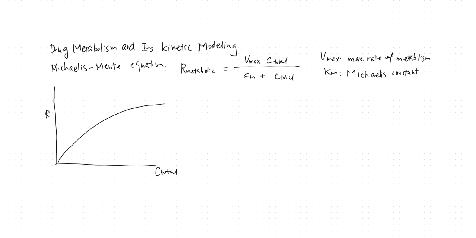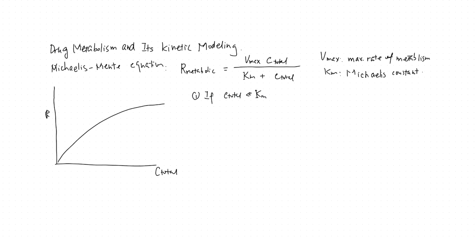In the first scenario, C total is much less than capital Km. By the way, this type of analysis is the same for all the other similar models we discussed earlier. That means what we discuss today would be applicable to all types of Michaelis-Menten models or models involving equations, field constants, these types of things.